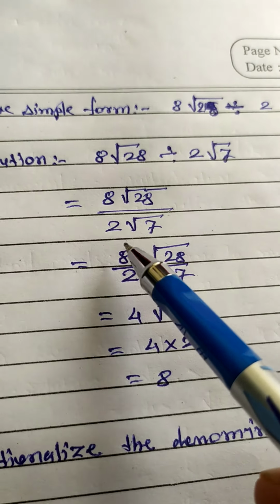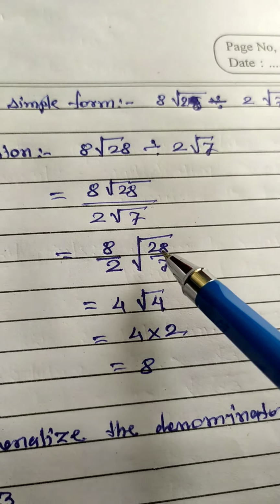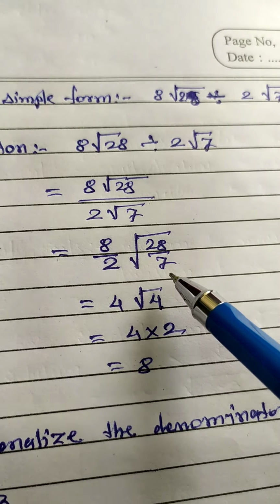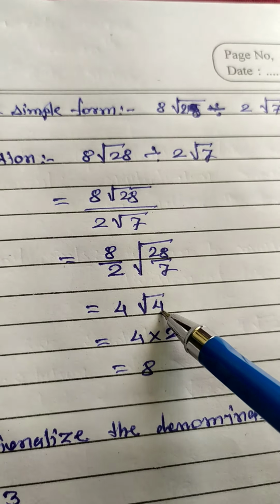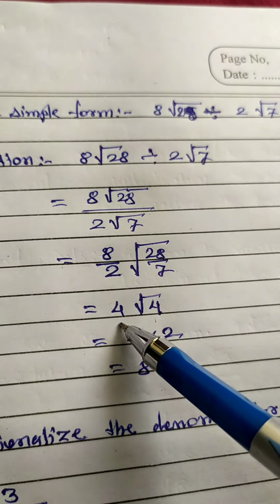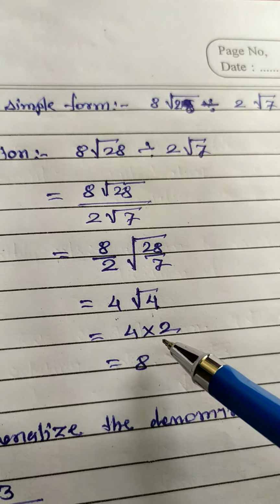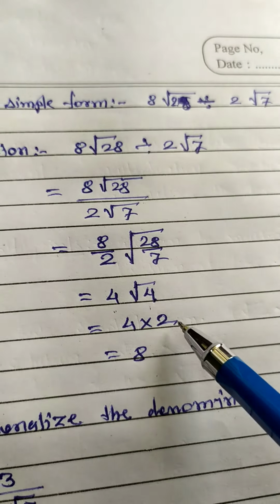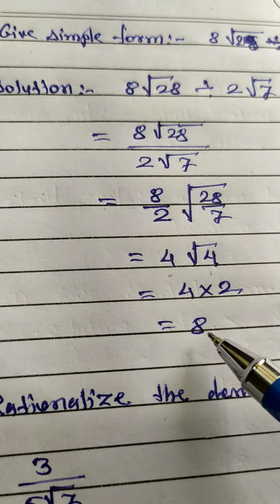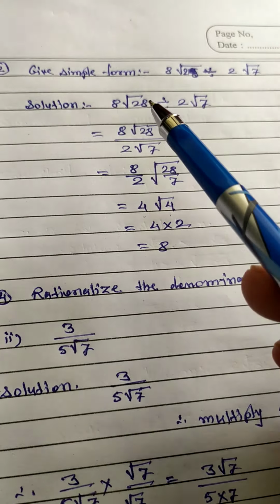So I write this 8 by 2 and in one root 28 by 7. So 7 fours are 28. So I write this root 4, and 2 fours are 8, that is 4. So again I write this 4 as it is, and root 4 means 2, that is the square root of 4 is 2. Now again 4 into 2 is 8. This is the answer of this example.